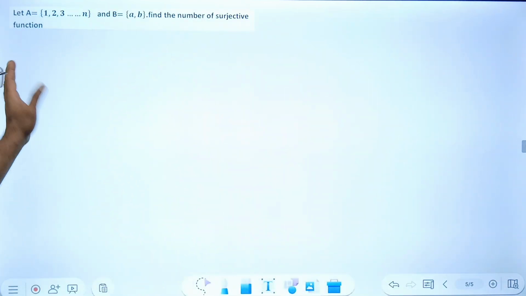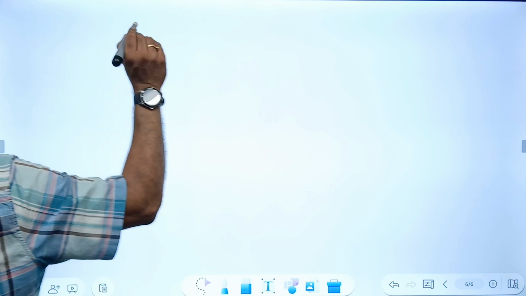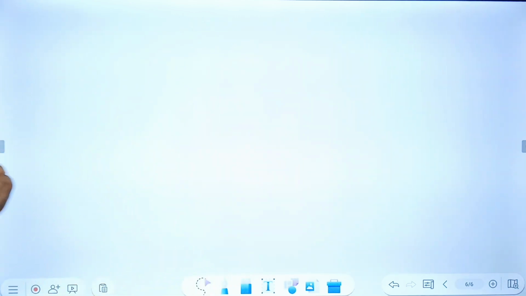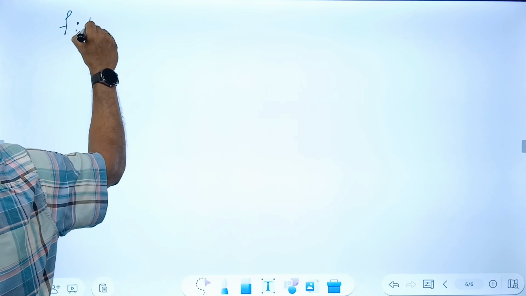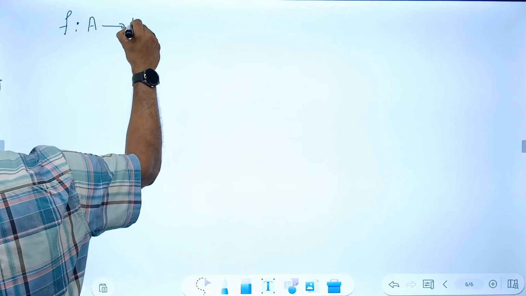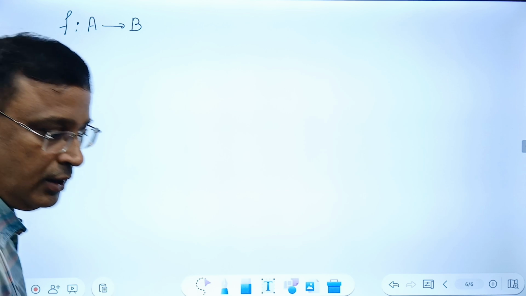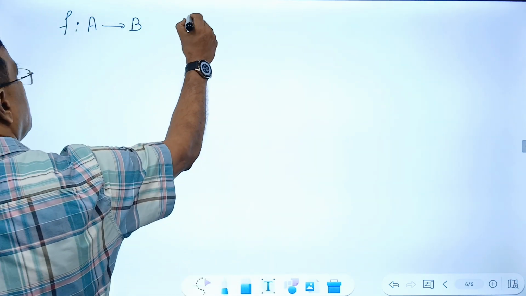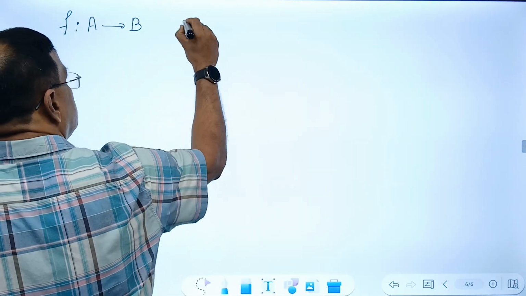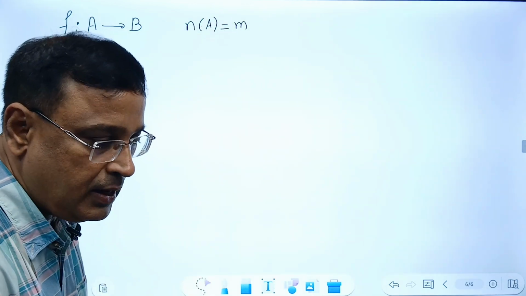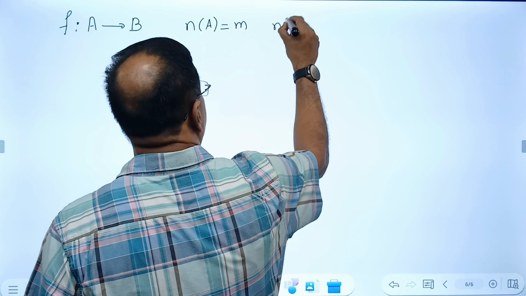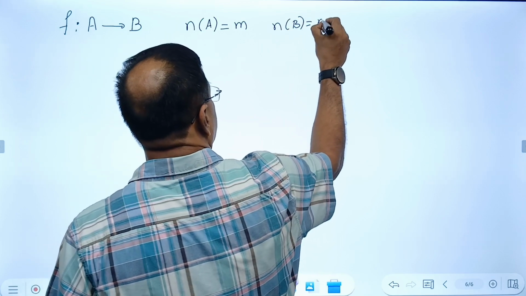Now I want to explain some concept first before we go to the problem. The first formula, which is all pertaining to 1 mark questions. Suppose f is a function from A to B, where the number of elements in A, I call it m, and the number of elements in B is n.